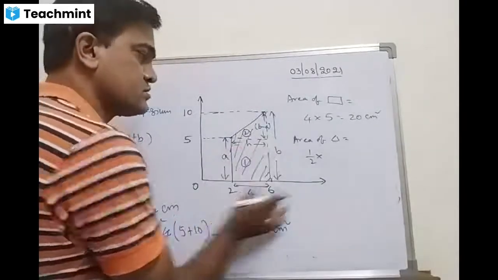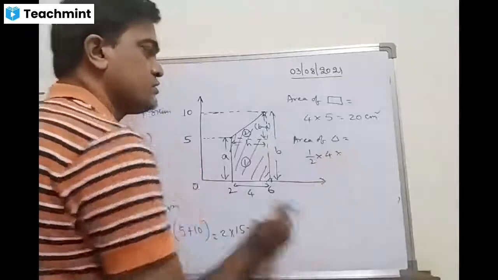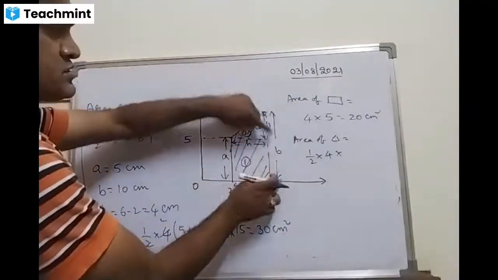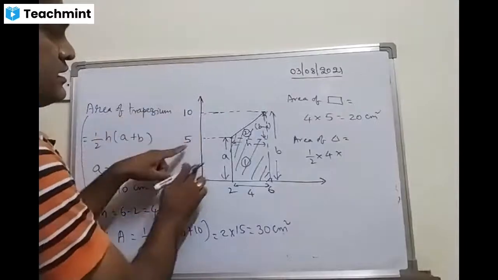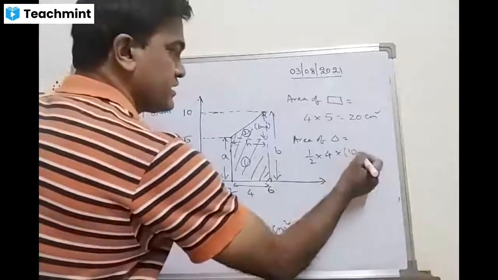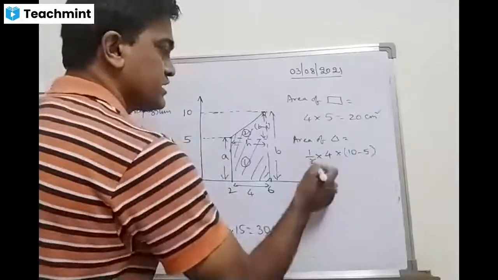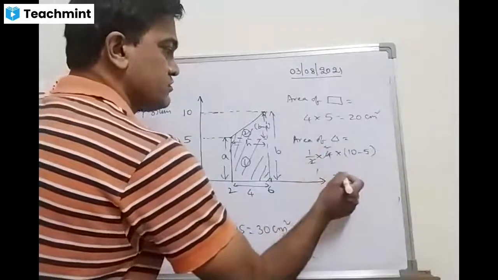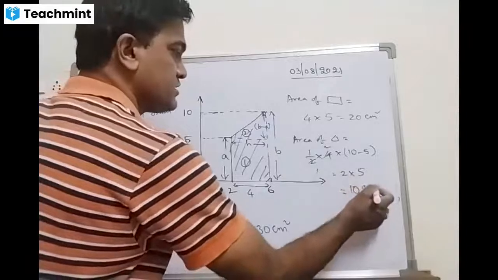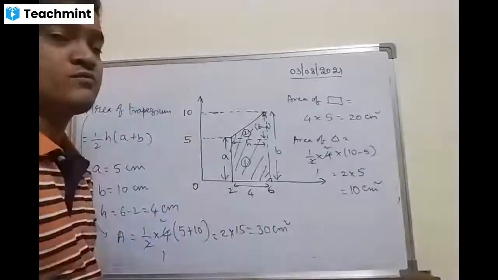H is 4, into the height of the triangle, which is B minus A, 10 minus 5. So half into 4 into 5, two twos are 4, which comes out to be 2 into 5 equal to 10 centimeters square.